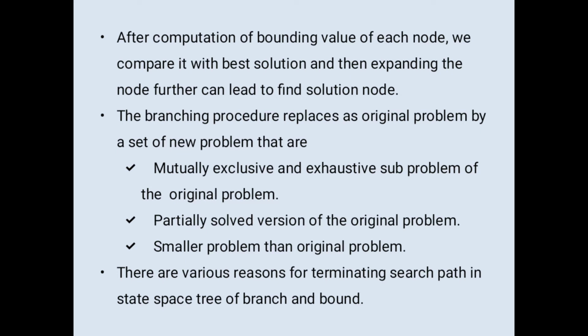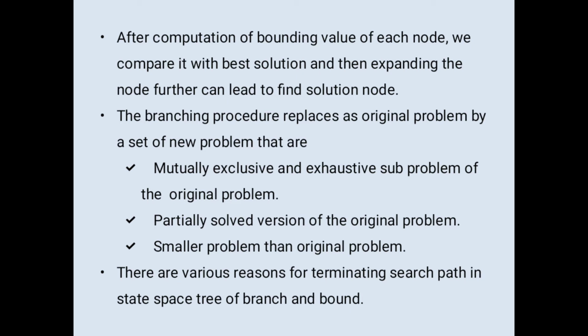The branching procedure replaces the original problem by a set of new problems that are mutually exclusive and exhaustive subproblems of the original problem. So first, the main problem is divided into a large number of subproblems.